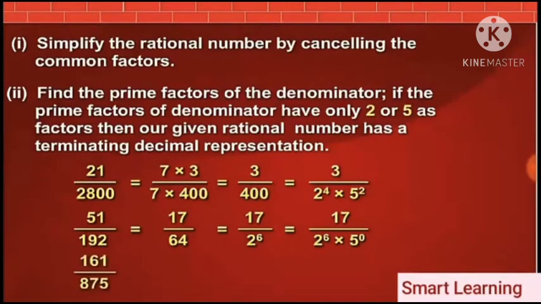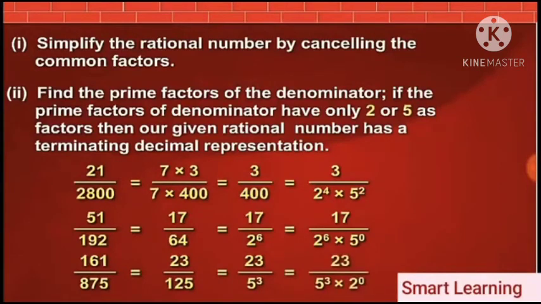In case of 160 upon 875, after simplification, we get 23 upon 125, which can be written as 23 upon 5 raised to the power 3.